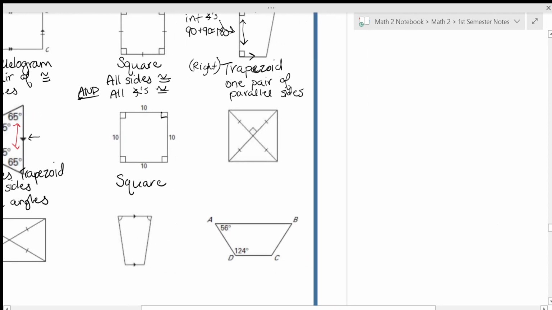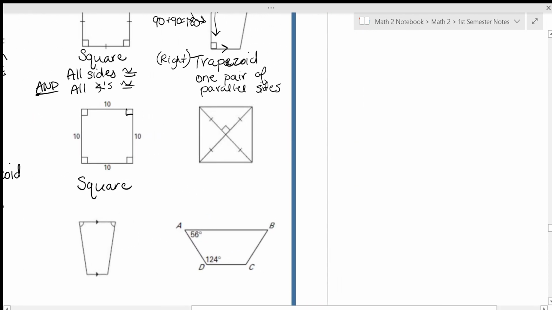Okay, next one we have diagonals bisecting each other. That's what these little congruent tick marks mean, okay? And also because they all have just one tick mark, that means that our diagonals are congruent. And we also have this 90-degree angle in here, showing us that our diagonals are also perpendicular.